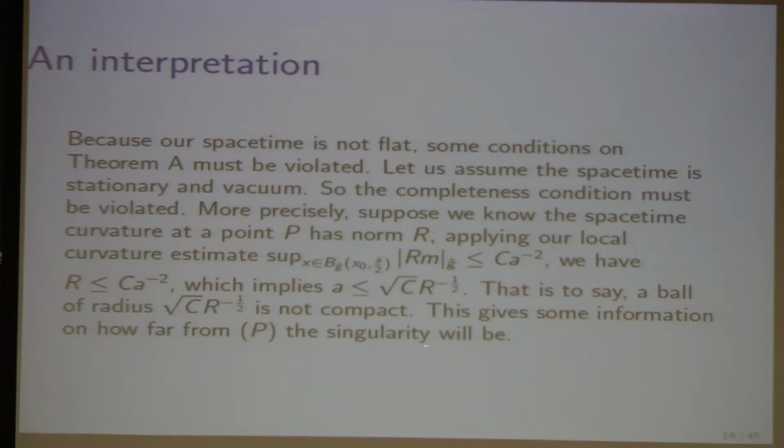Of course, we assume the space-time is stationary and vacuum. This is special, this is a condition. But still, I think it is interesting because in many applications we assume the space-time is not only stationary, it is static.